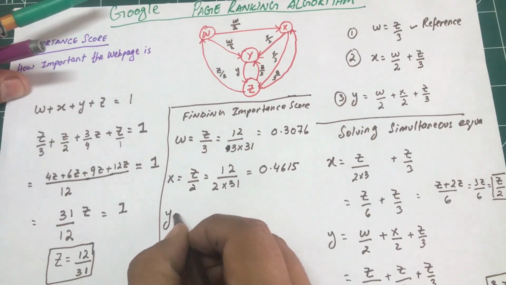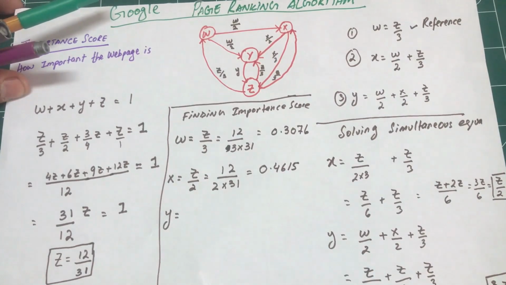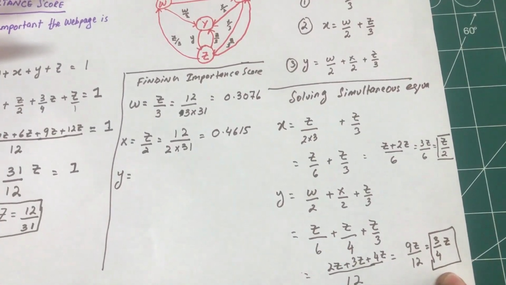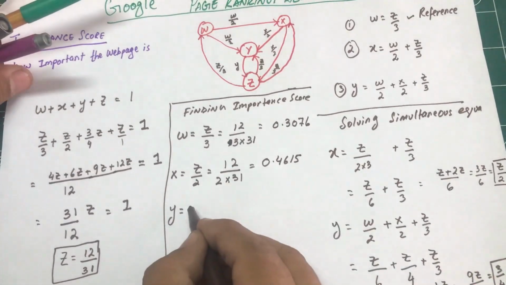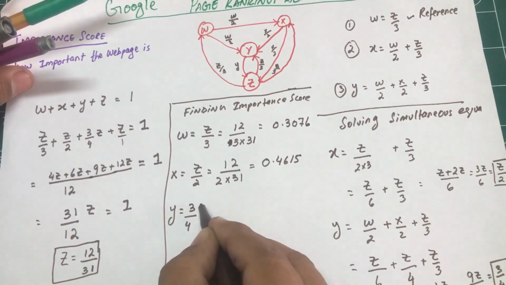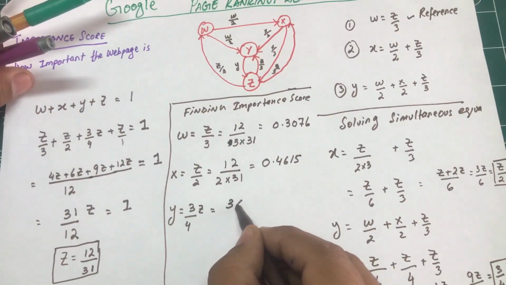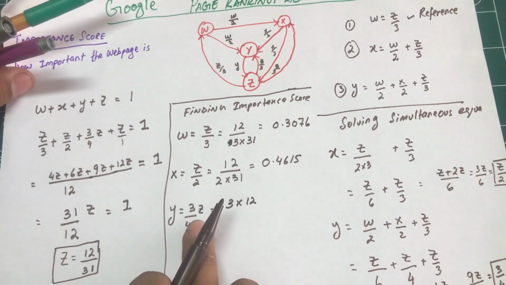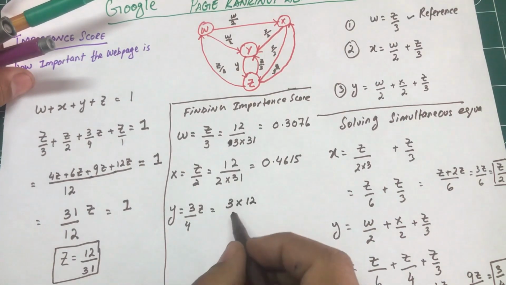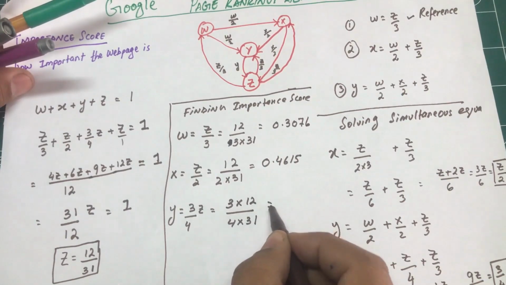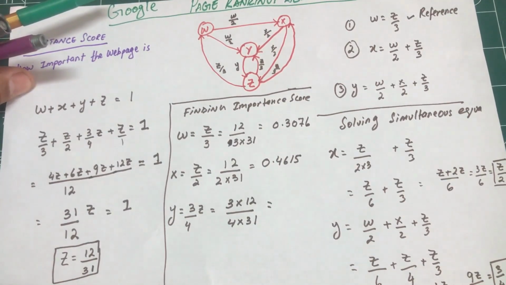What is my y? Y I already know, which is 3/4 over z. So that would give me 3 times 12, because z is 12 over 31, and 4 times 31.